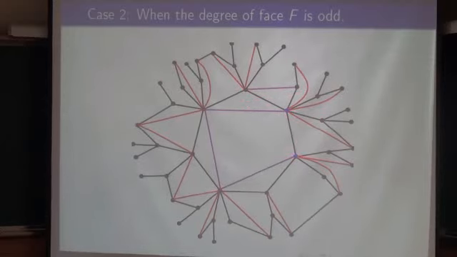And for this vertex, if the degree of this vertex is D, then the number of faces where we can draw a red edge, which is the number of faces other than F that are incident with this vertex, is D minus 1. But since 2 neighbors use other faces, there are only D minus 2 blocks from the red edges of neighbors. So we can draw a red edge of this vertex, like the even face case.